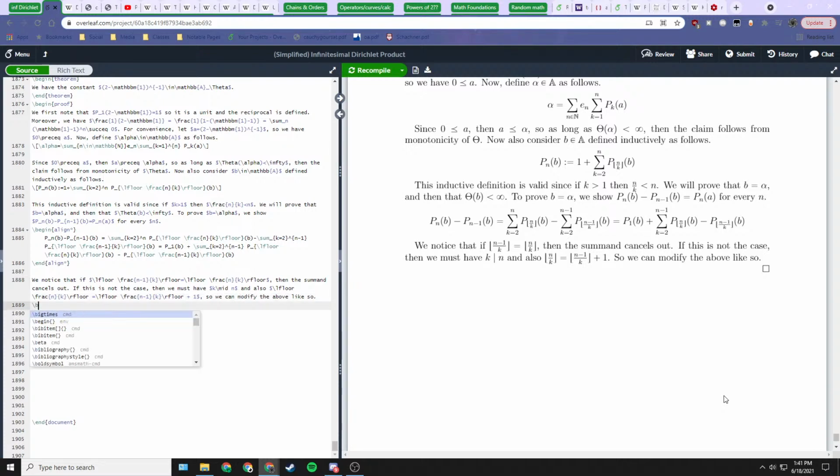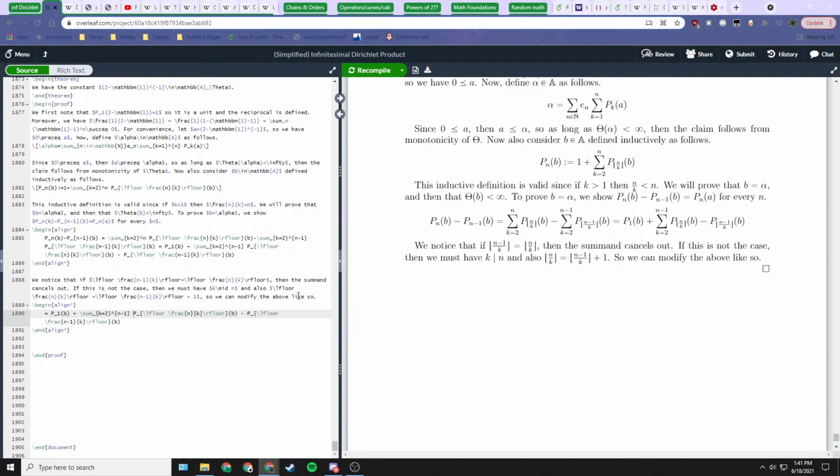Okay, so then we get, whatever was above, so we start with that. So we have this same, where were we? This whole summation, so P1B and so on. So what we're saying is that if this summation doesn't cancel out, then these will be equal, and also k divides n.